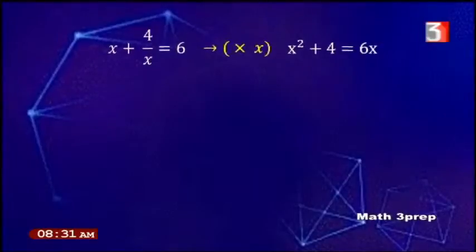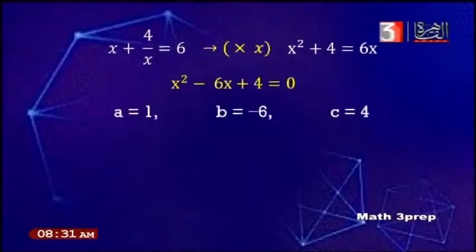By putting the whole equation on one side and 0 on the other side, you find that x squared minus 6x plus 4 equals 0. Now it is in the general form of the quadratic equation. So we can say that a equals 1, b is negative 6, and c equals 4.